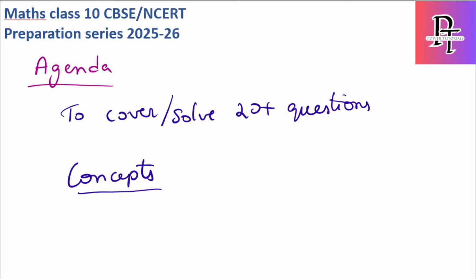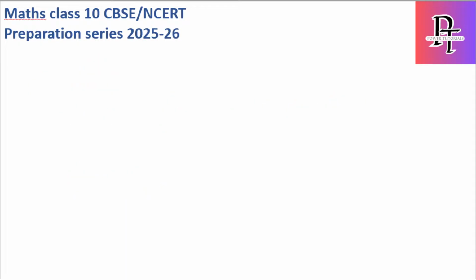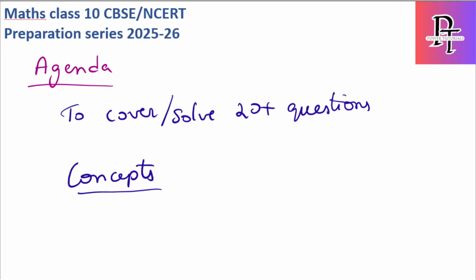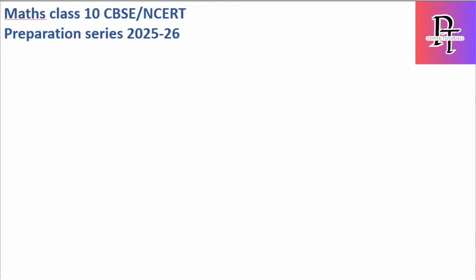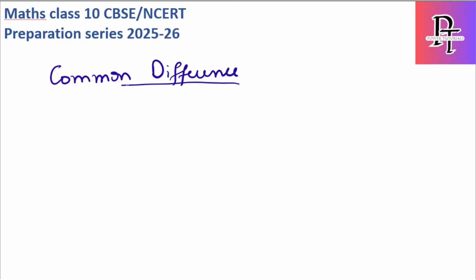Okay, let's go through the concepts first. As I mentioned, we have only a few concepts. First one is common difference. To understand whether any series is an AP, first we need to find the common difference.